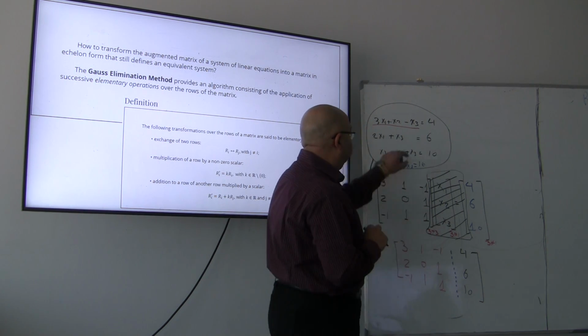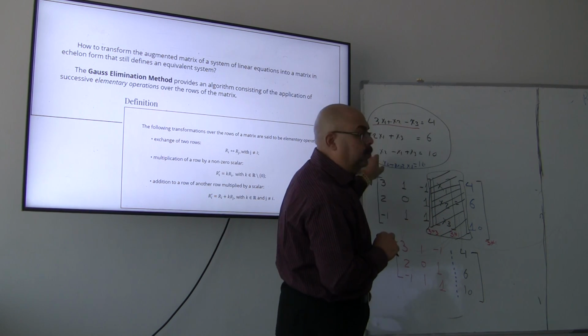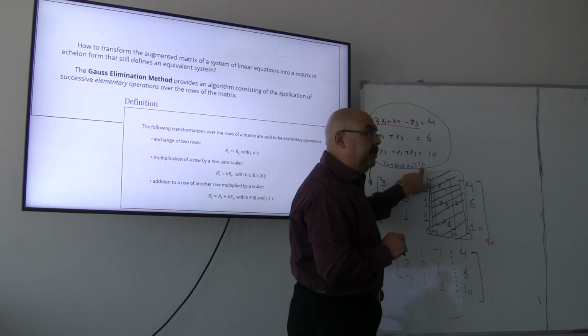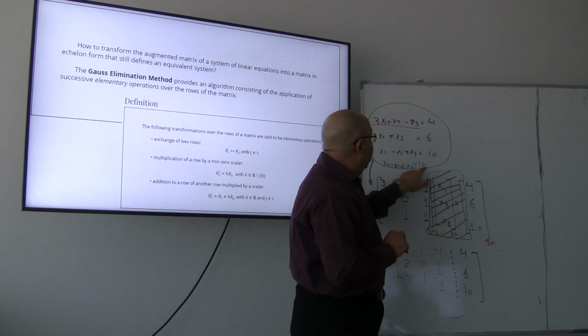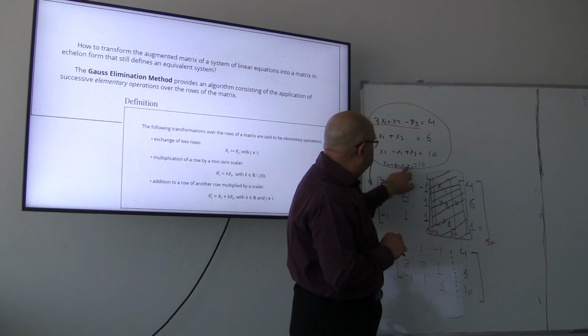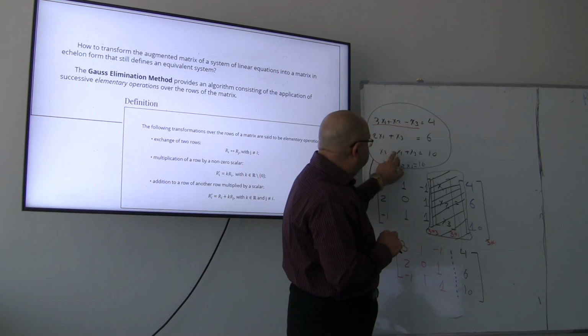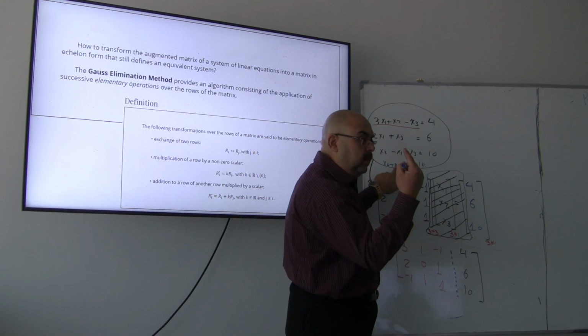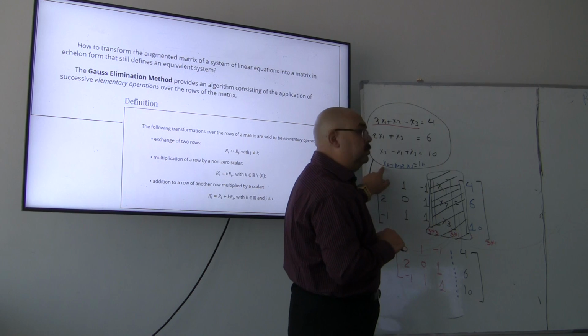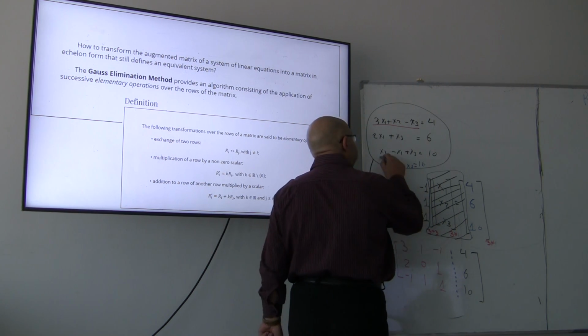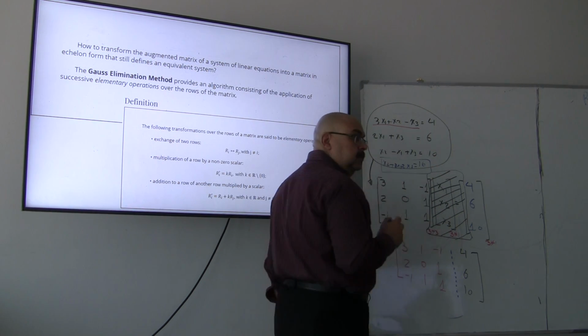I did nothing, I've just added this equation to that one. So 6 plus 10 is 16, x3 plus x3 is 2x3, and 2x1 minus x1 leaves just 1x1, and you have x2. Do you think this equation is balanced?